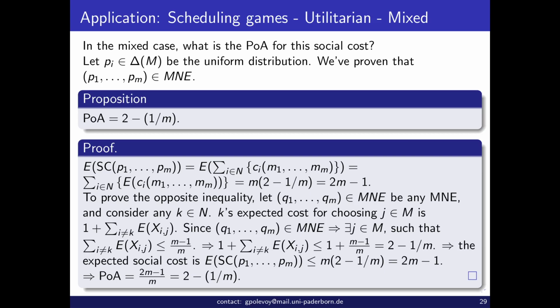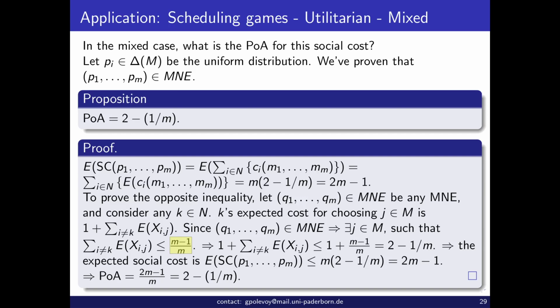Since that's a mixed Nash equilibrium, we know there is a machine such that the total expectation of players there is at most m minus 1 over m, because the total expectation of other players is at most m minus 1.